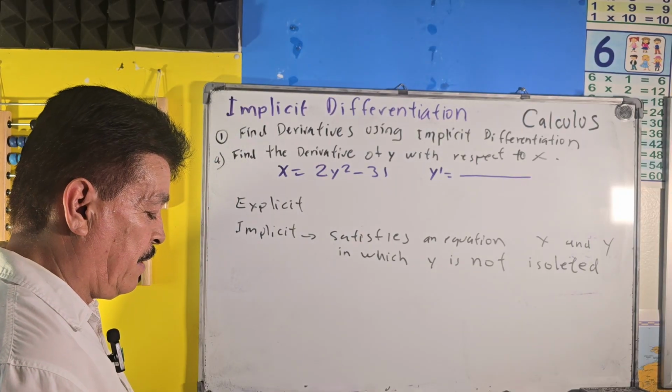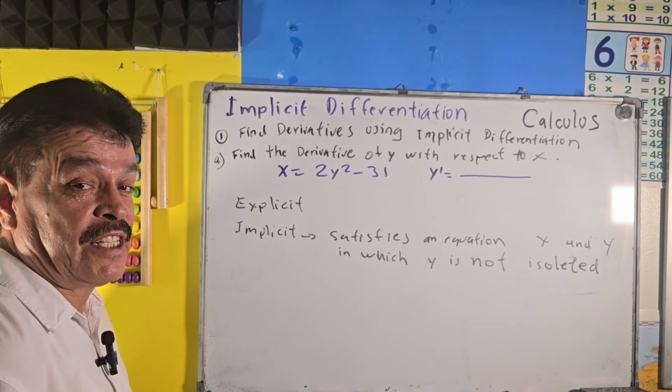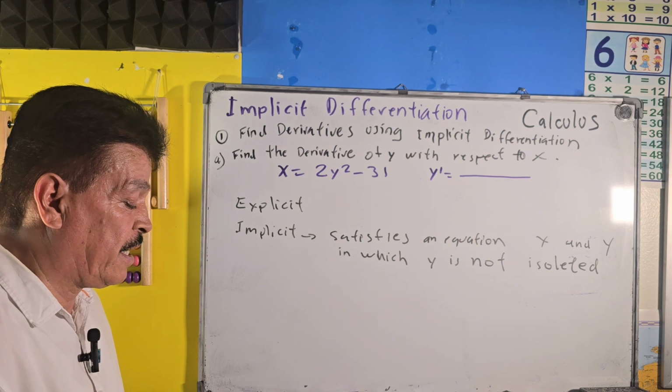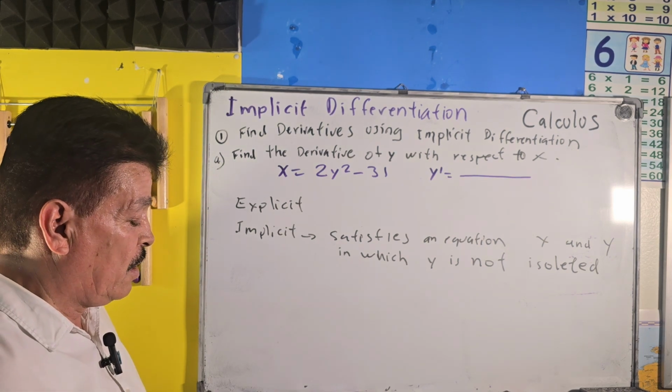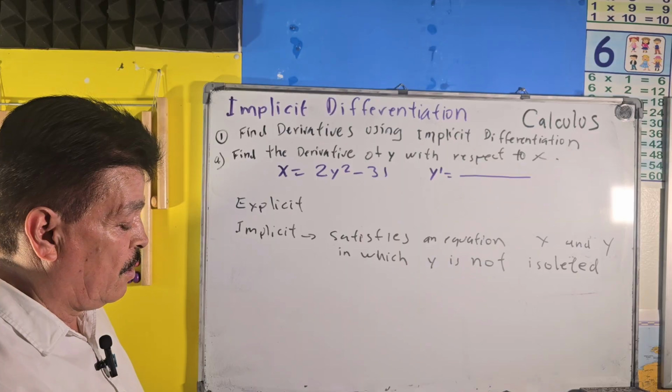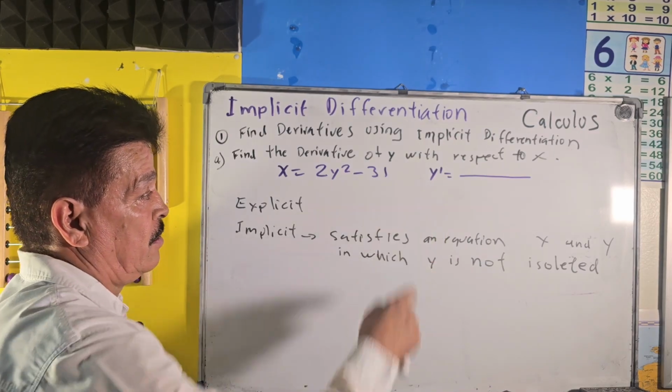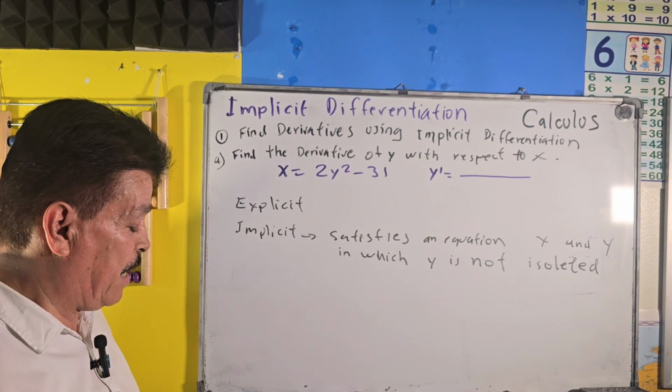So we have to differentiate the function with respect to x. Differentiate both sides of the equation, then solve for y prime.